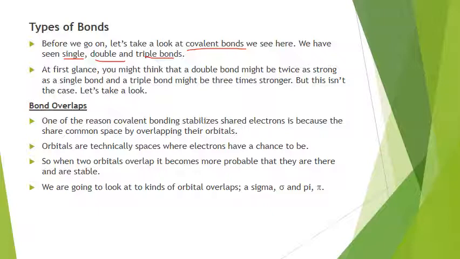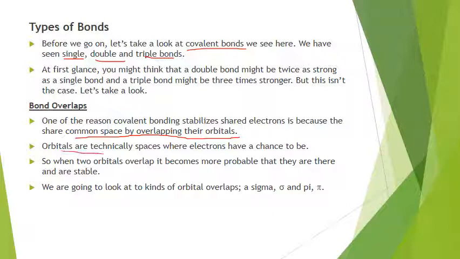Remember, when bonds form, it's an overlap of the orbitals. In a shared pair, you have a shared pair of electrons. One reason covalent bonding stabilizes is that shared electrons share space between the overlaps of their orbitals.